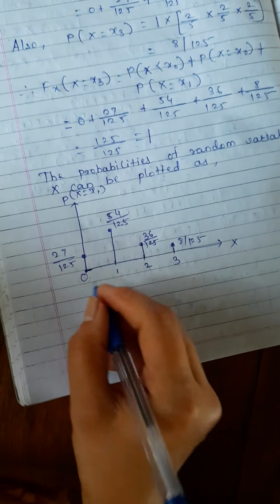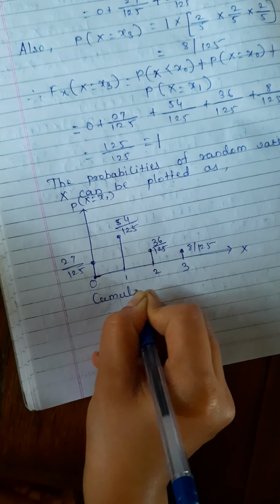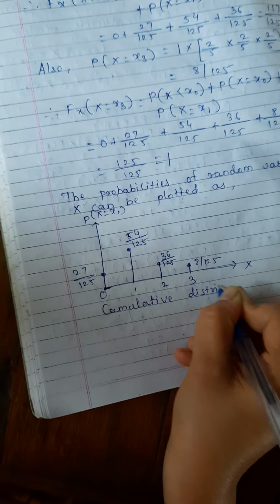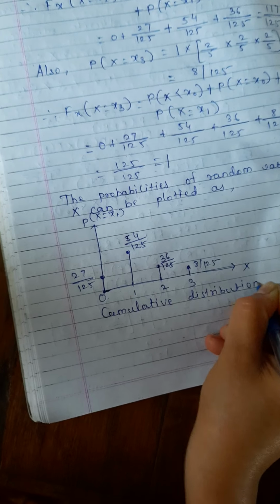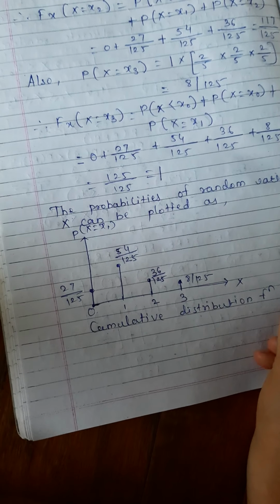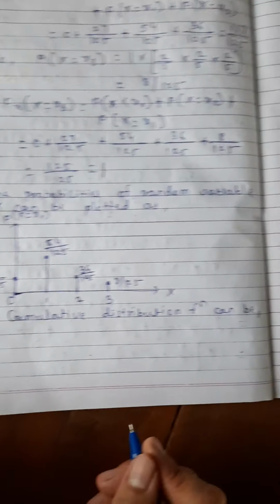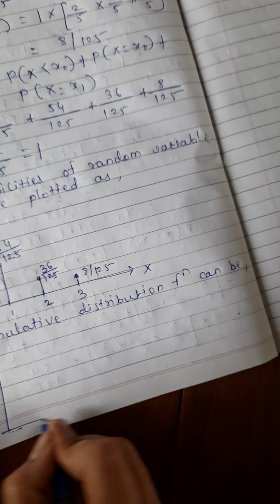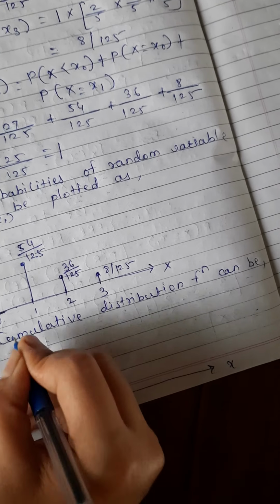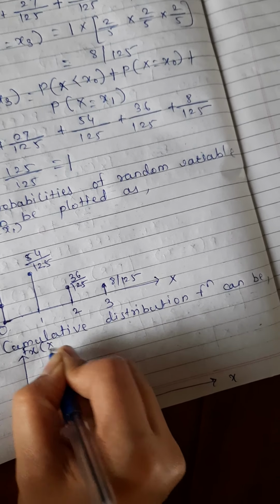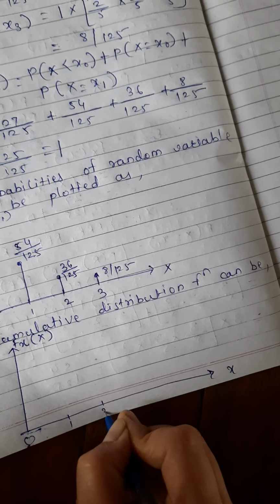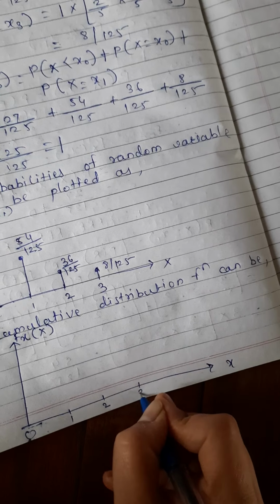Next is the cumulative distribution function. So we draw here the cumulative distribution function, that is CDF, can be plotted as, so this is x, it is F of x, this is 0, 1, 2 and 3.